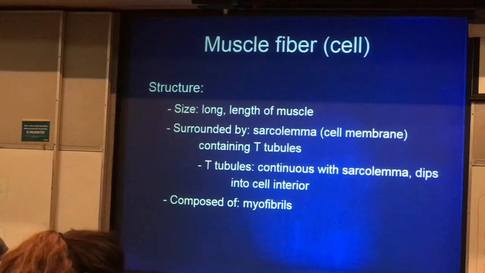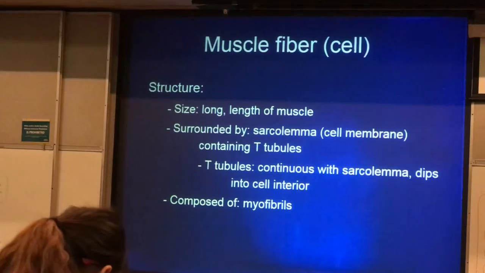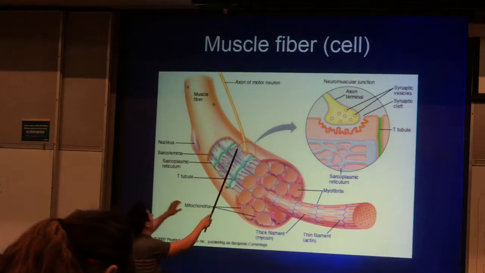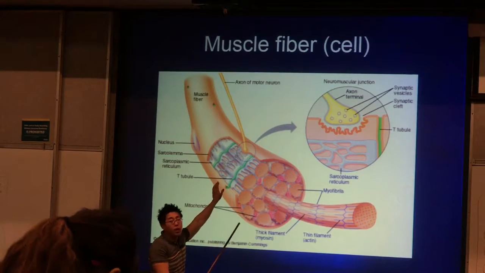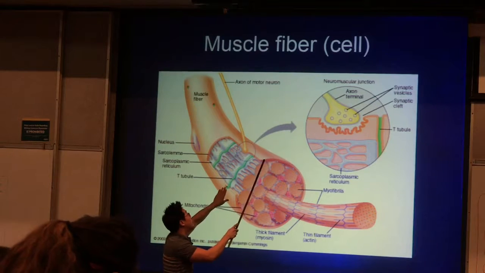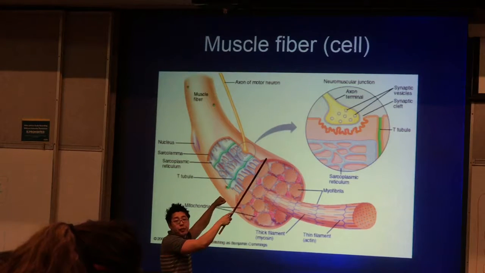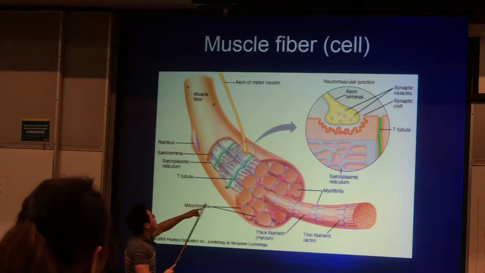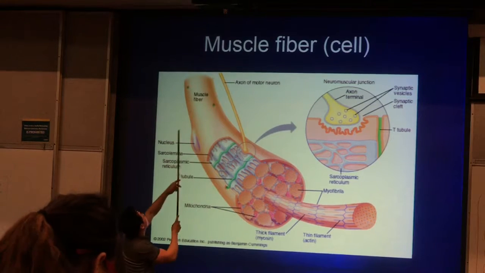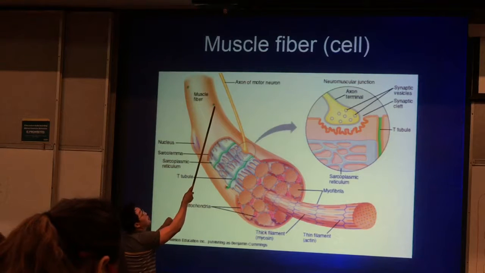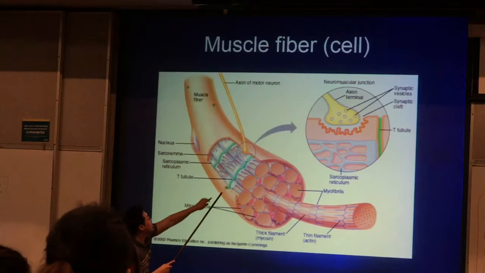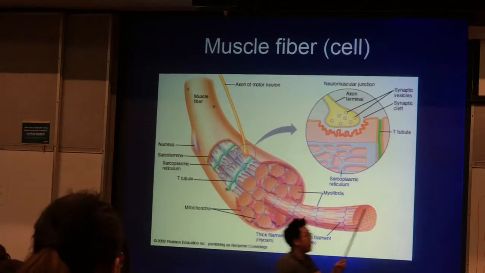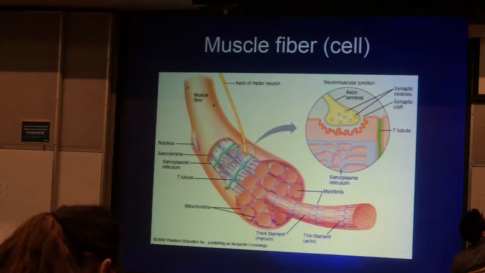Questions so far? Here's what we're looking at. This whole thing now is a muscle fiber. Therefore, this cell membrane is also called a what? Sarcolemma. When you're following the sarcolemma on the surface, there are these green punctures. You see that? These are puncturing into the fiber.